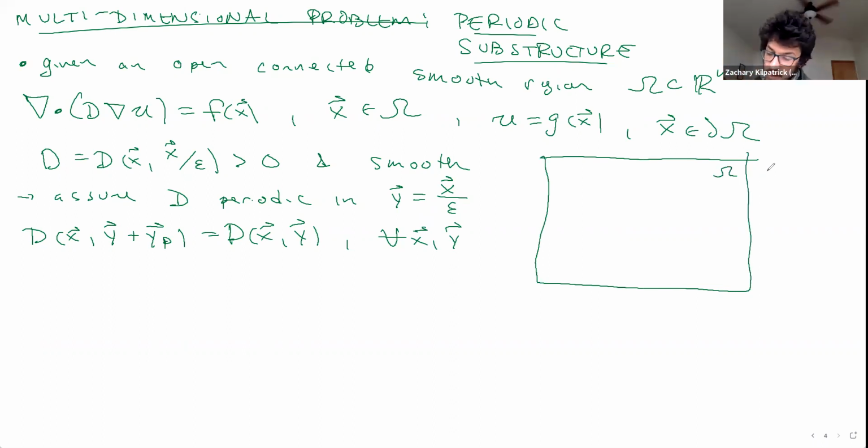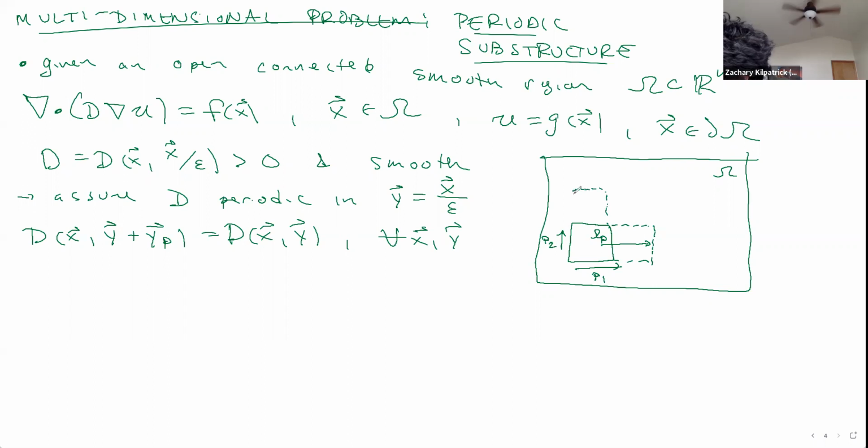Okay, so let's think about maybe 2D. We have some domain omega. I'm going to have a cell that I'll call omega p, that's of height p2 and of width p1. Okay, and if I move this cell this direction by this amount p1, then I'm going to see the same thing in terms of my diffusion coefficient, and same thing if I move that direction.